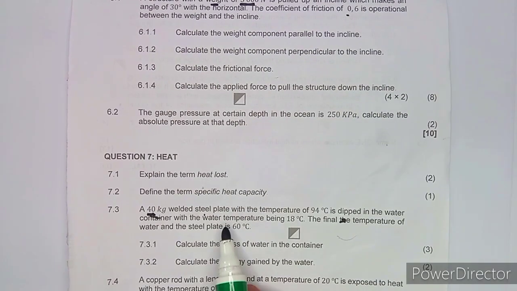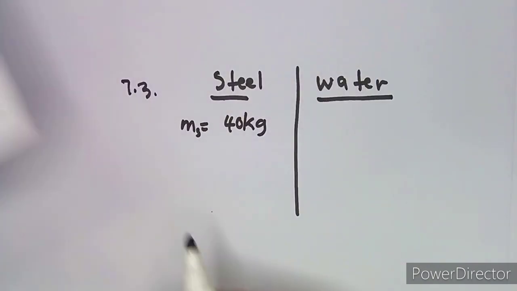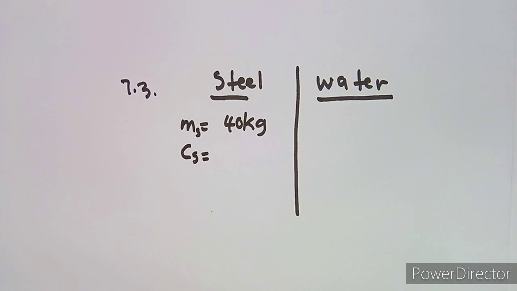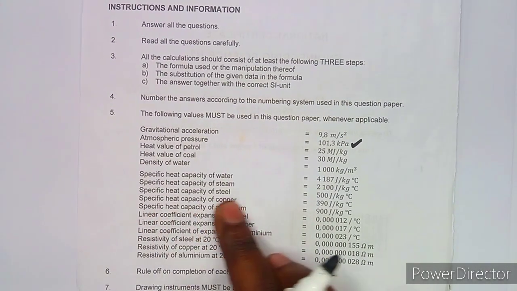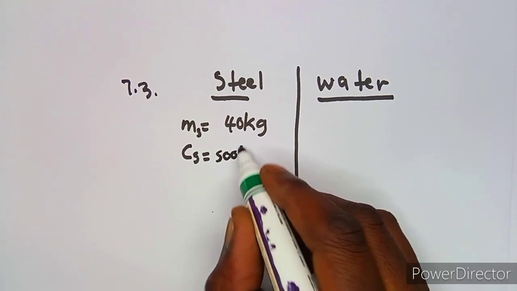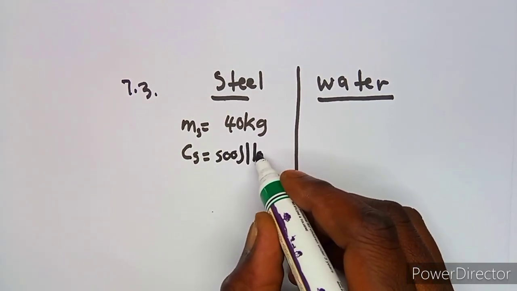Then, definitely, when there's steel we are going to have the specific heat capacity of steel, which is 500 joules per kg degree Celsius.